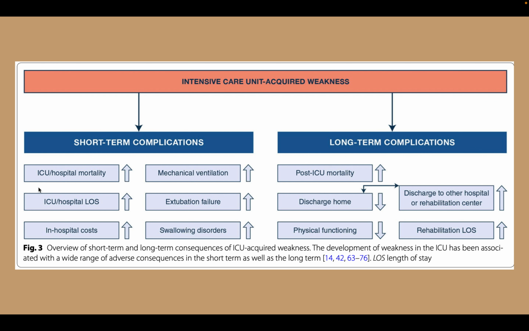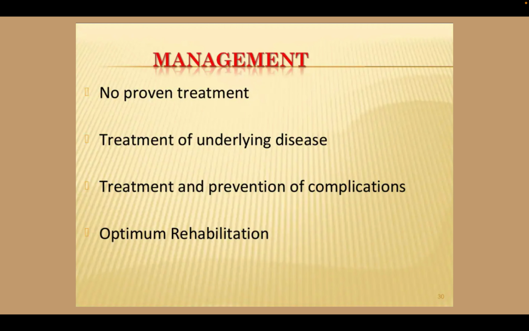So these are the short-term complications, and we have seen that this can cause high hospital mortality, longer length of stay, extubation failures, and long-term it can have post-ICU mortality, impaired physical functioning, and lack of rehabilitation. So there is no proven treatment for this.